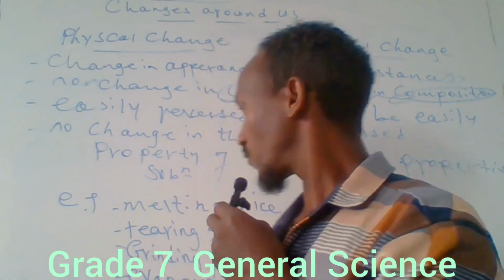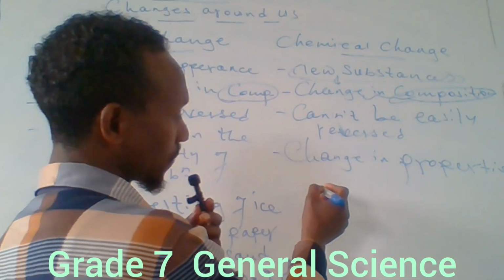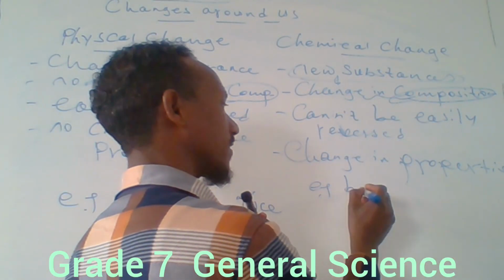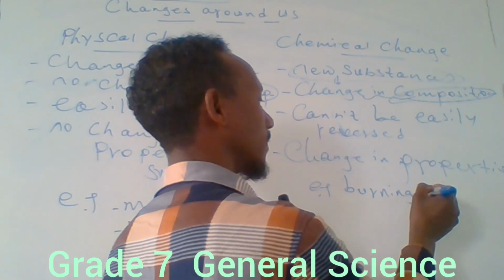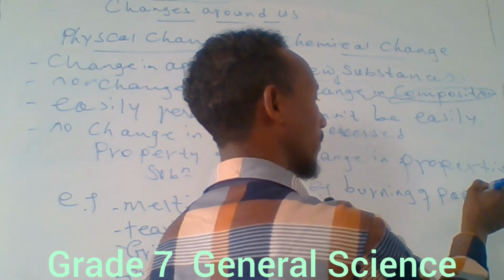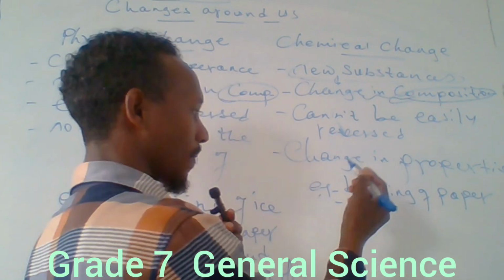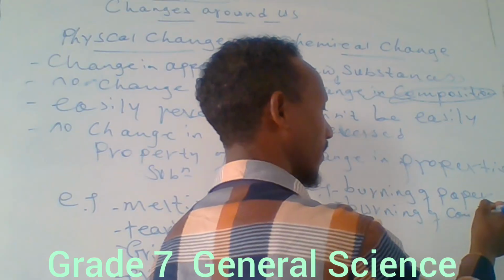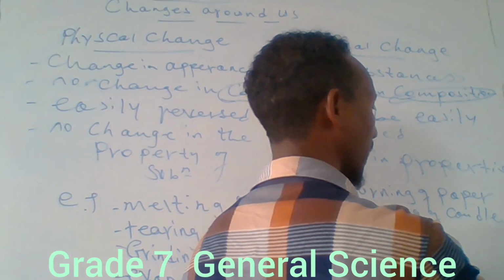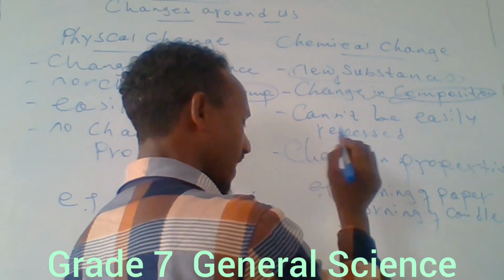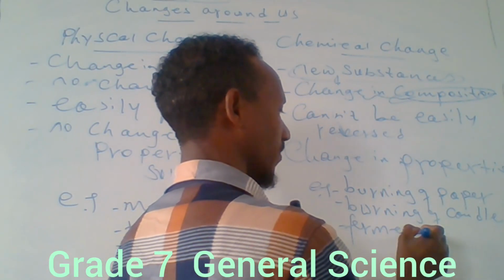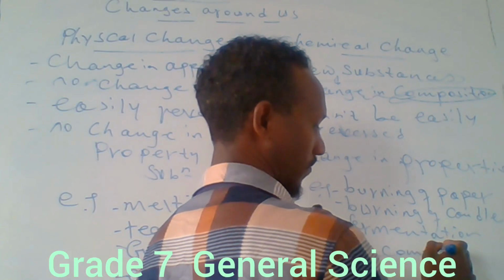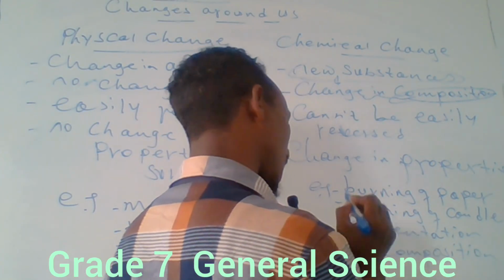When it comes to examples of chemical change, there are different methods that lead a substance to undergo chemical change. For example, burning of paper or wood, burning of charcoal, burning of a candle, fermentation, decomposition, and photosynthesis.